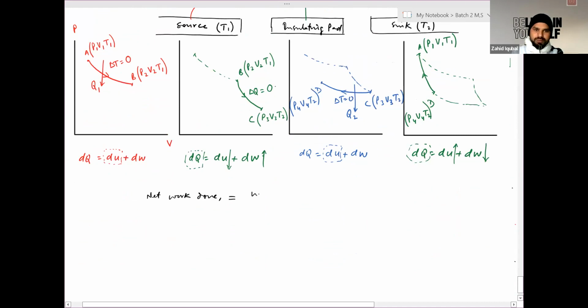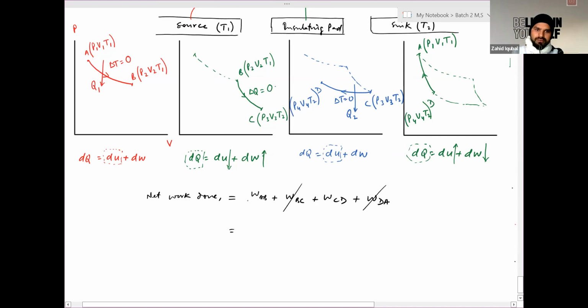Net work done will be the work done along path A to B, B to C, C to D, and then D to A. Along paths B to C and D to A, both are adiabatic processes, one in expansion and the other in compression, so both will be equal and opposite and cancel out. We're left with the work done along AB and along CD.